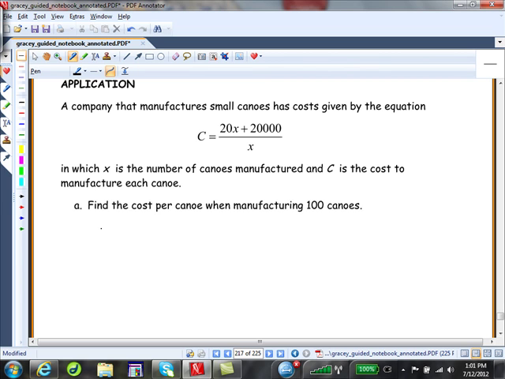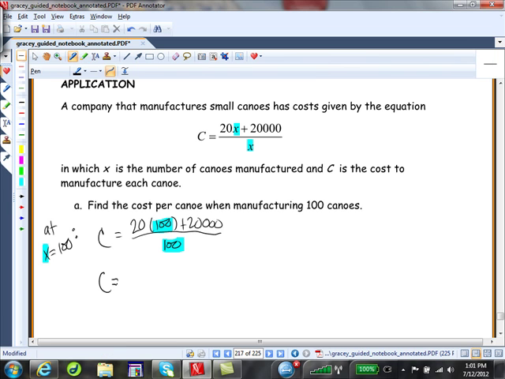So we're evaluating C at x equal 100. So at x equal 100, we have C equals 20 times 100 plus 20,000 all over 100.